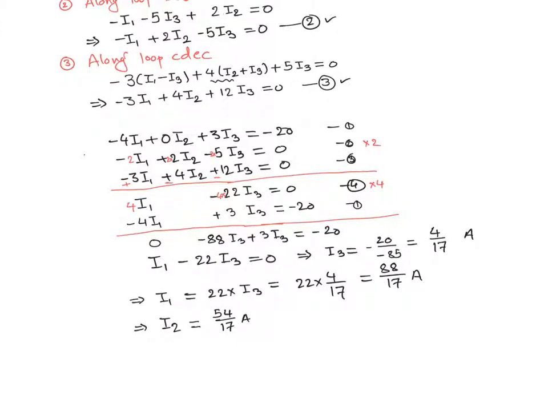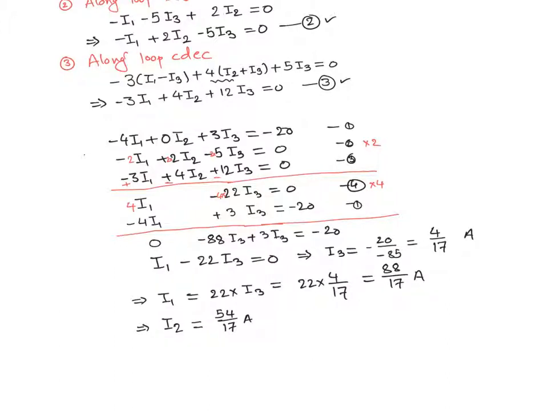Now total current in the circuit is given by I equals I sub 1 plus I sub 2, which equals 88 divided by 17 plus 54 divided by 17, which equals 8.35 amps.